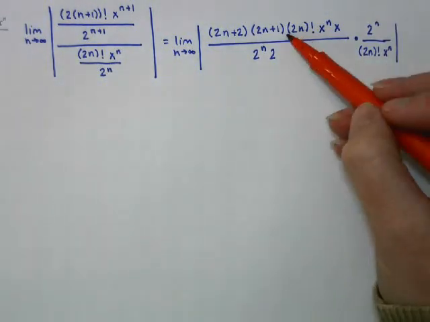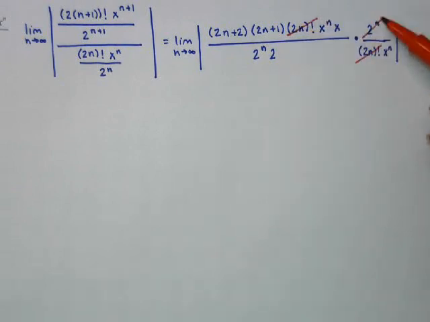Okay, cross stuff off. So 2n factorial goes away, 2 to the n goes away, x to the n goes away.